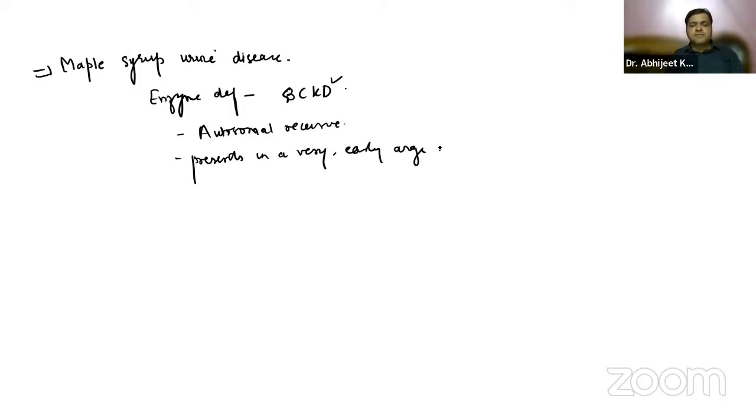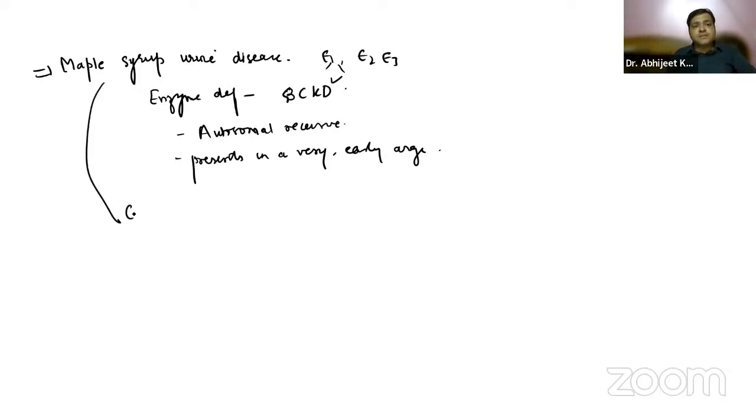We have various types of maple syrup urine disease based on the gene deficiency: E1, E2, and E3. E1 is again classified into E1 alpha and E1 beta. So we have type 1A, type 1B, type 2, and type 3 maple syrup urine disease.